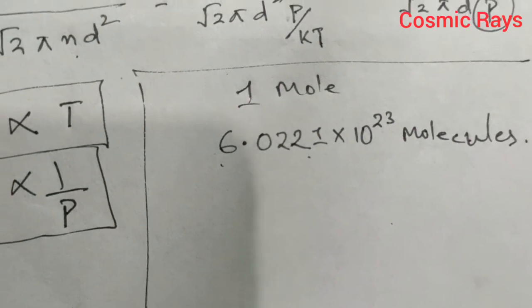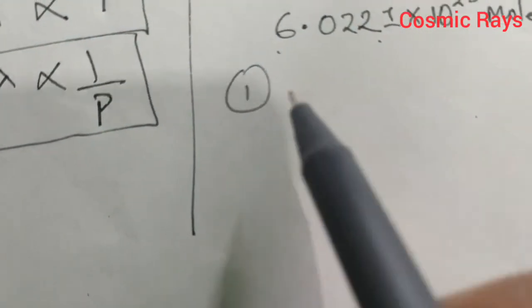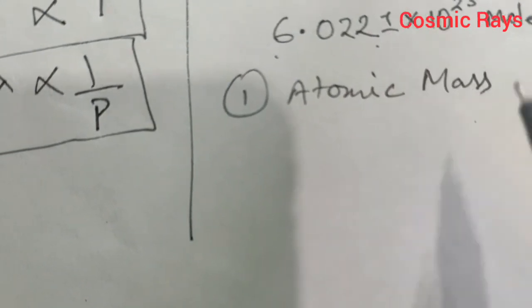molecules. Now why is Avogadro's number important? It is important to calculate the atomic mass of an element.